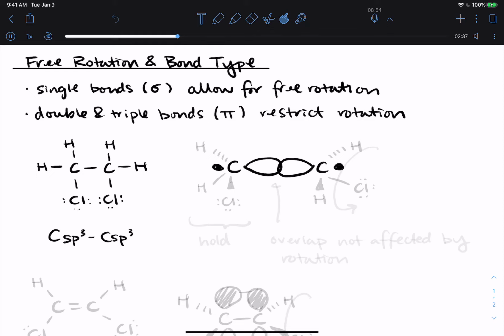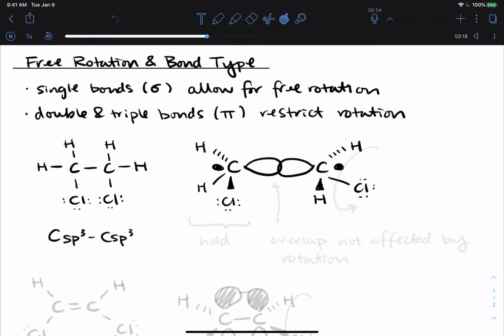And if this perspective-wise is here, then the rest of my picture looks like a bond going back, a bond in the plane of the paper, and a bond coming out, for everything to be 109.5 degrees away from each other. So going back in the paper and coming out. And connected to that, I have two hydrogens and a chlorine, and two hydrogens and a chlorine.